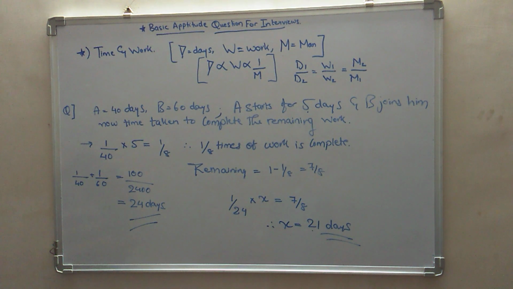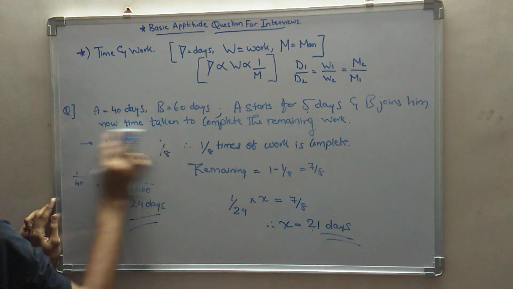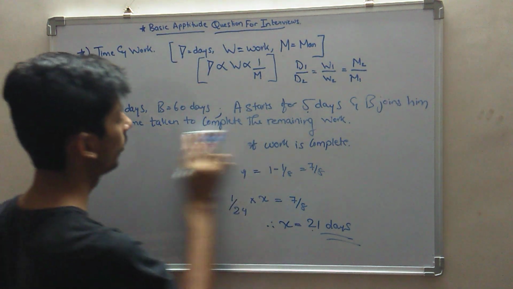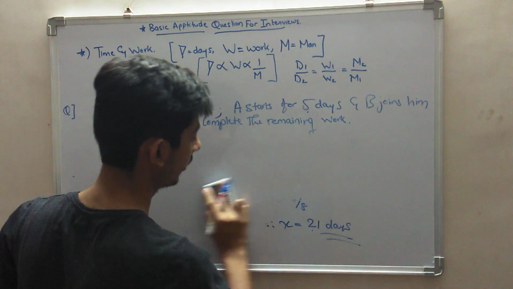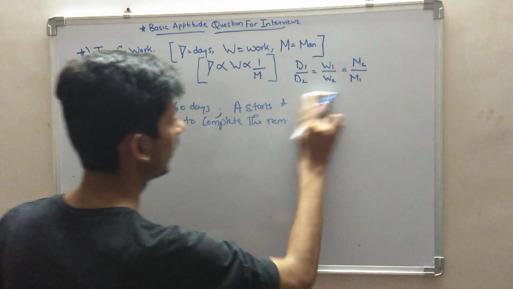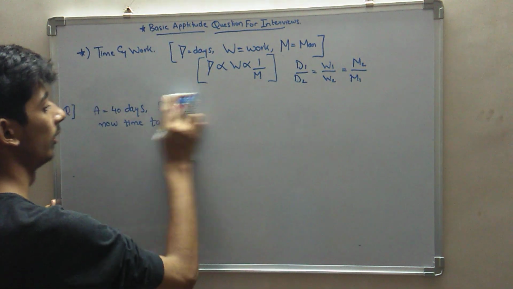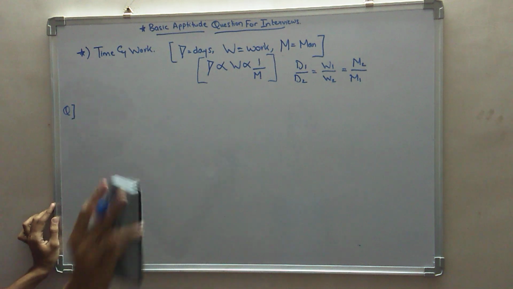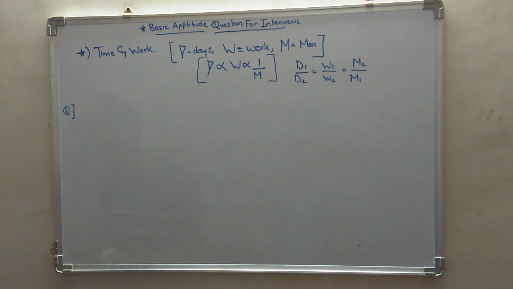Now the next question. The next question is a group of laborers working completes a task in 10 days. A group of laborers can complete the task in 10 days, but 5 of them are absent.